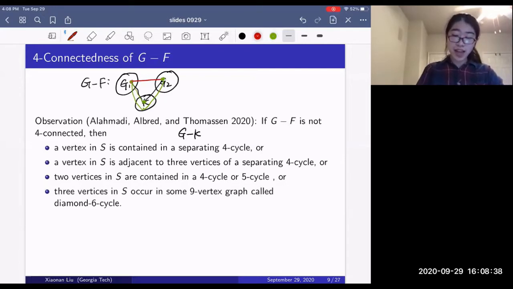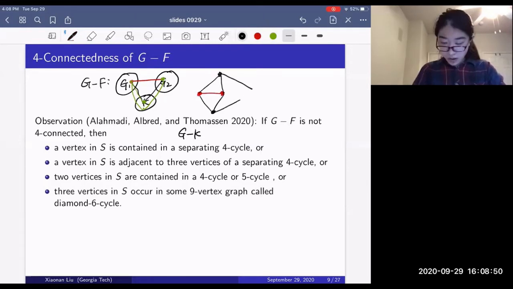Then K should have size 3. So this is the red edge, and these two vertices are contained in K. And the black vertices are also contained in K.